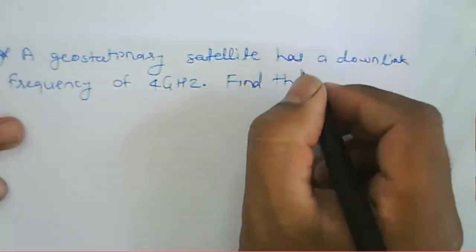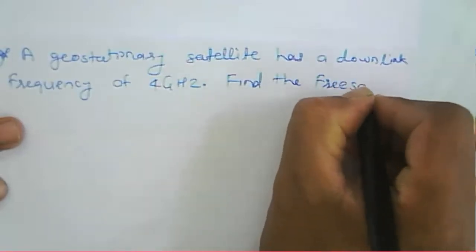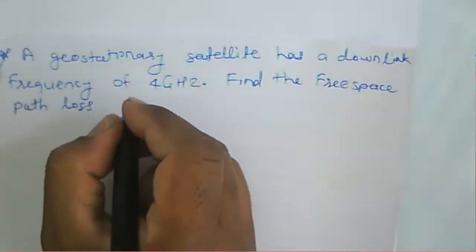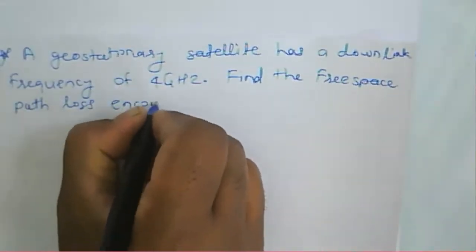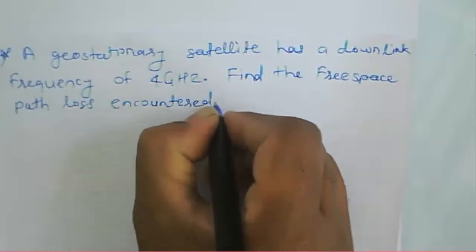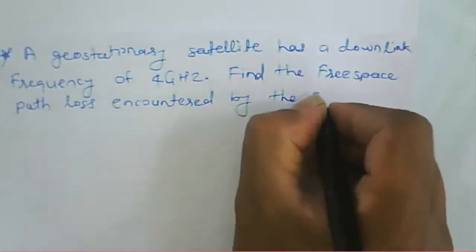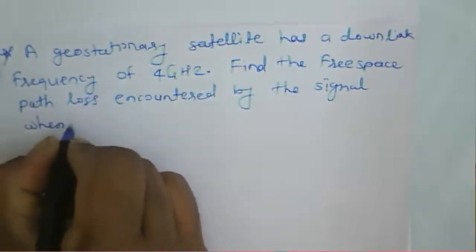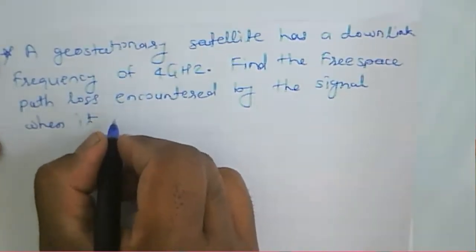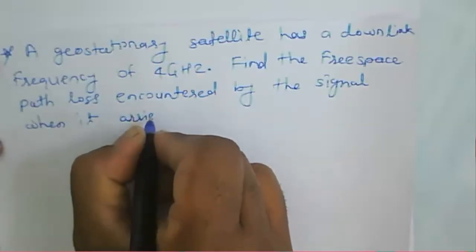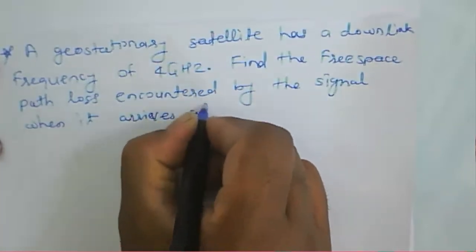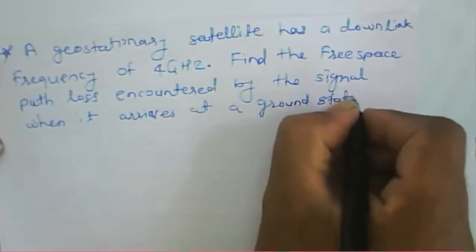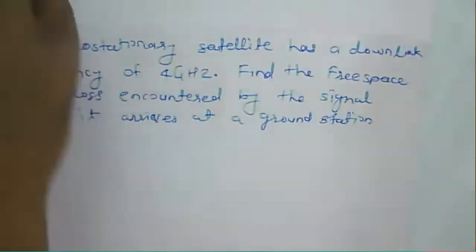Find the free space path loss encountered by the signal when it arrives at a ground station.